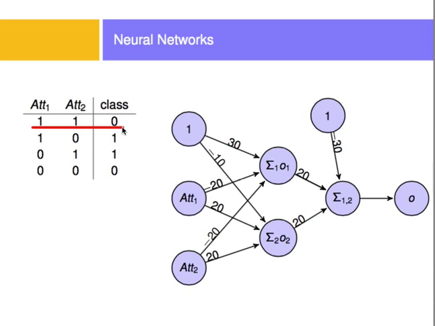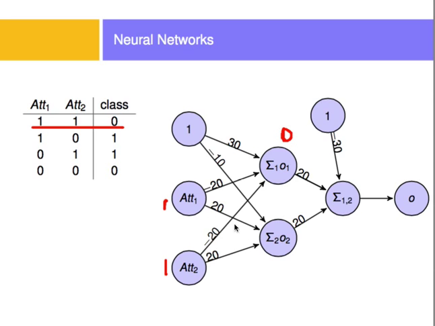So for example, 1, 1, and let's see what happens. For sigma 101, I have 1 times negative 20 plus 1 times 30, that so far is positive 10, and I have 1 times negative 20, right? So that is actually negative 10. And negative 10 is less than 0, so the output of this node is 0.